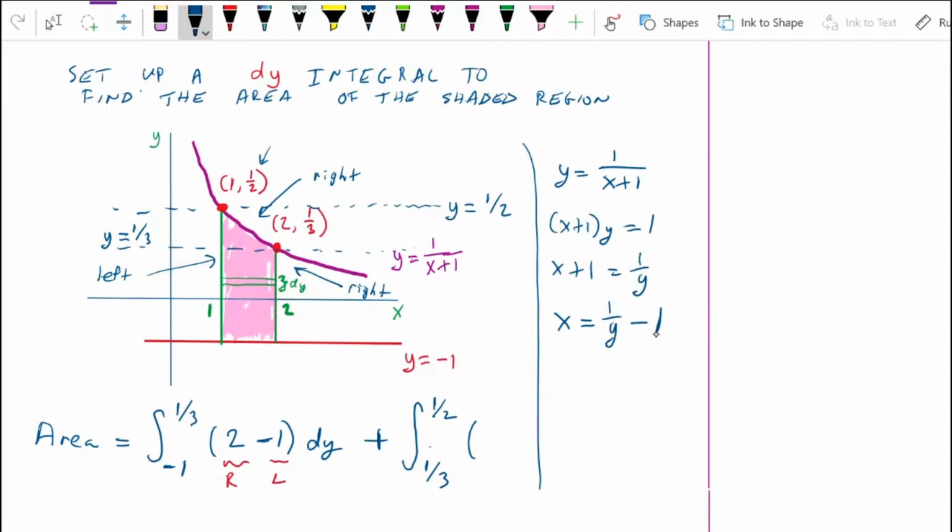And that's the same curve with x as a function of y, so it's x equals 1 over y minus 1. So let me actually give myself a little more space here.